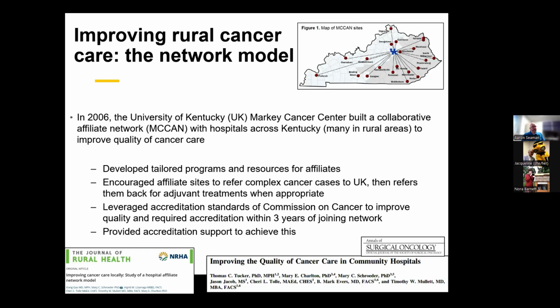And they provided accreditation support to achieve this. 12 out of 13 hospitals achieved accreditation over the 3-year period after joining the network, and hospitals that joined the network had an improvement in performance on 3 out of 4 cancer-specific quality metrics that are measured through the Commission on Cancer standards, and better performance than matched control hospitals by the end of a 3-year period.